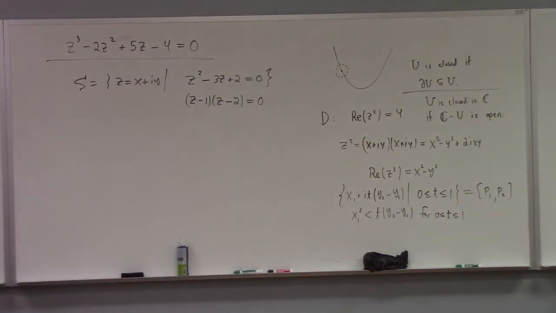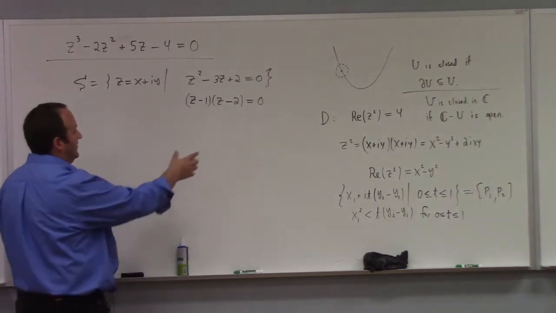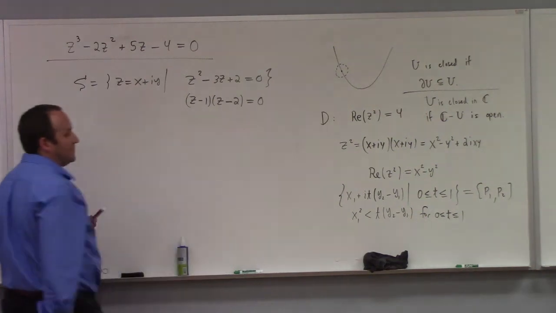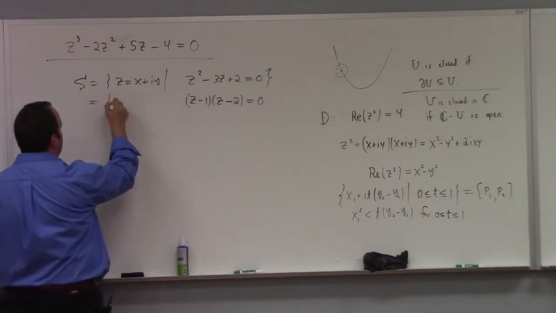In other words, I've written this set in a rather silly way, because this set is just what? How can you have the product of this and that be 0 in the complex number system? So this is just the set containing 1 and 2.